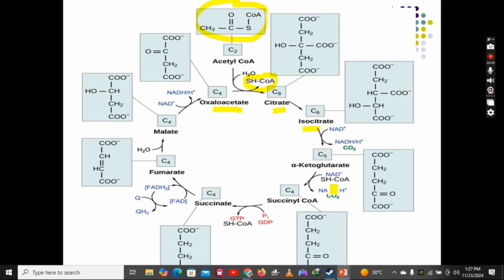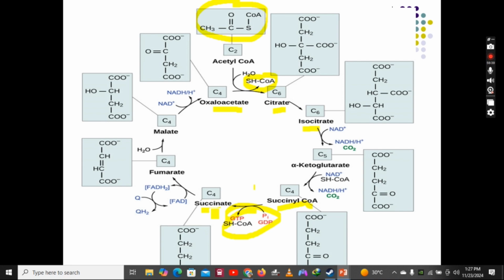From the alpha-ketoglutarate, the CoA comes in again and attaches itself, and what is produced is the succinyl-CoA molecule. From here, a phosphate group attaches itself to the succinyl-CoA, and the CoA is removed. Then we have the succinate, which is produced. At this stage, we have our GTP or ATP produced. We can have either the GTP or the ATP at this stage.